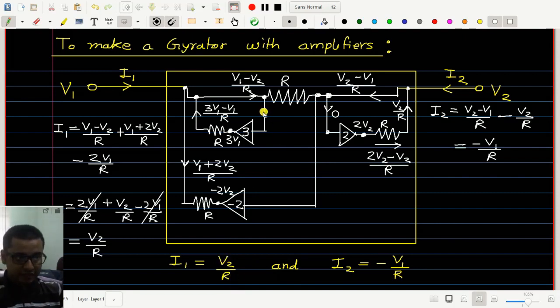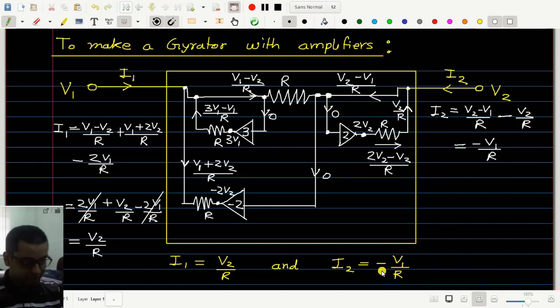Please note that this current is 0, this current is also 0. So you may possibly fill in this black box in different ways to realize these two equations, I1 equal to V2 by R and I2 equal to minus V1 by R.